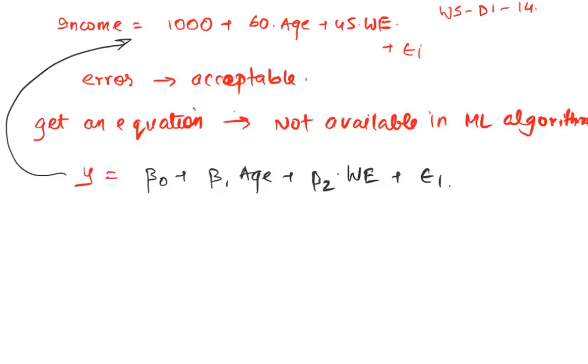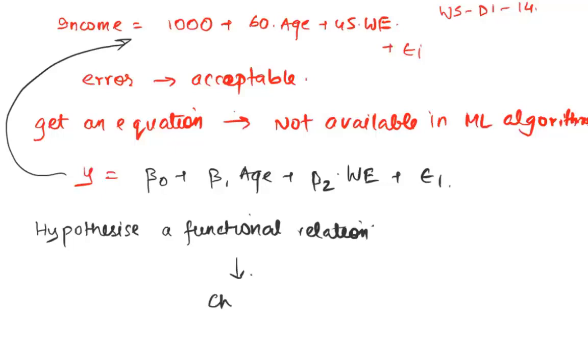Now, as long as you're working with statistical algorithms, this is how the process goes. You first hypothesize a functional form or a functional relationship.